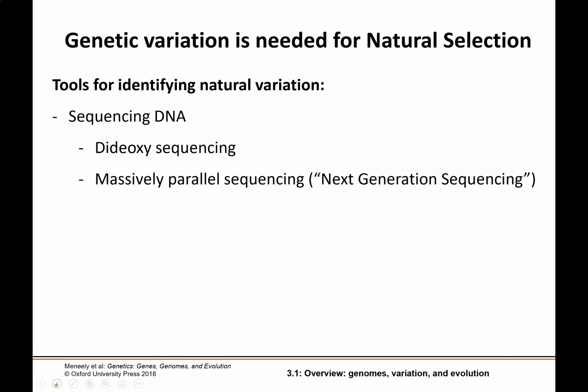We can also identify variation based on DNA sequencing. So over the past few years, DNA sequencing has changed rapidly. The first type of sequencing was called dideoxy sequencing, and I'm going to talk about that very briefly, just the general idea behind it. More commonly now, we do something called massively parallel sequencing.